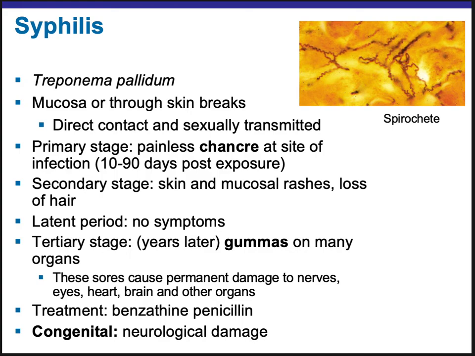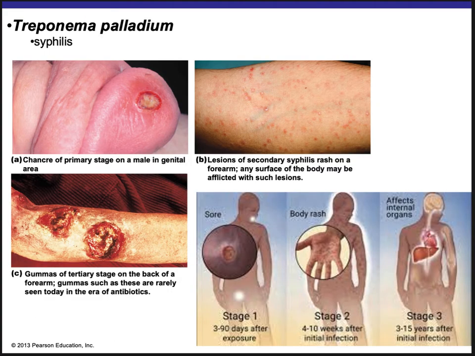And then finally you get this reappearance of sores, but now these are internal sores developing on the organs, and that's going to leave permanent damage. It can be fatal, and it can be very, very debilitating. And you can also transfer this from mother to child. So congenital, serious neurological damage is the main concern there.